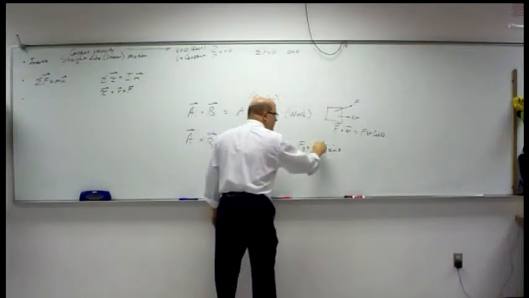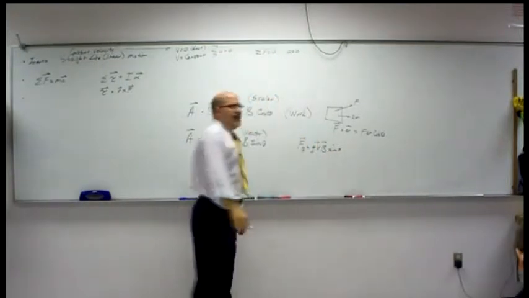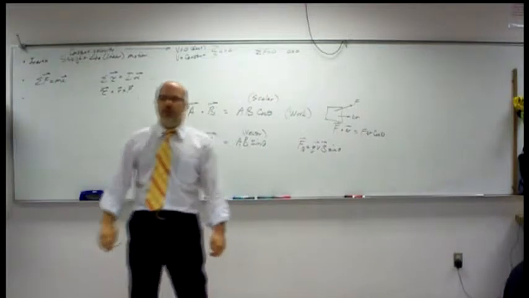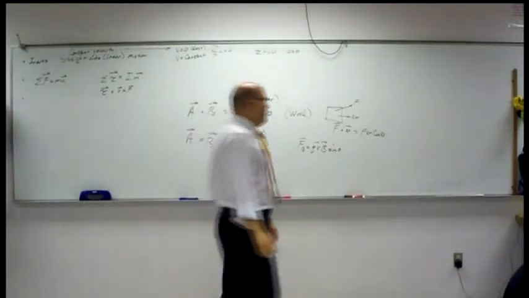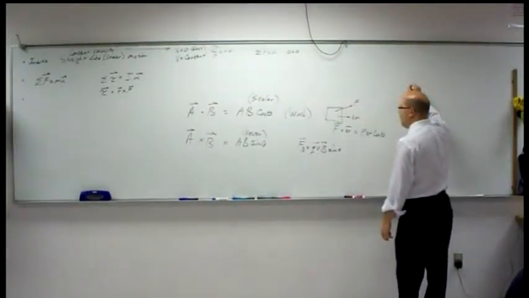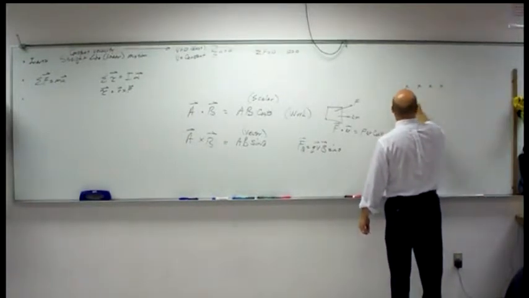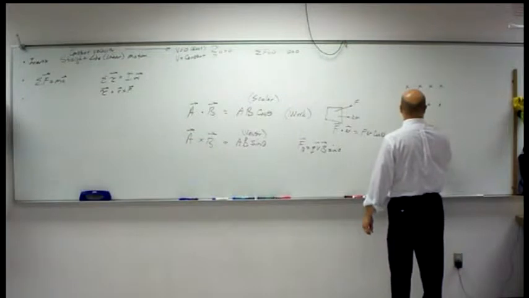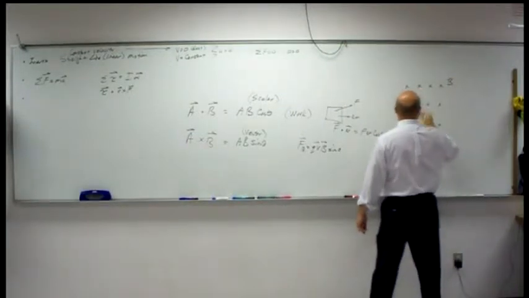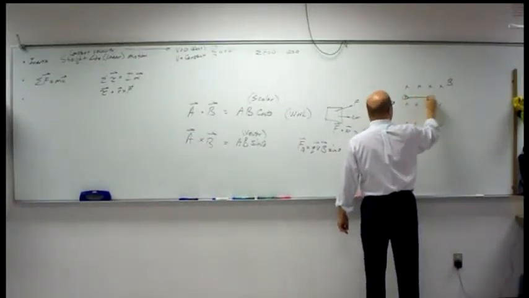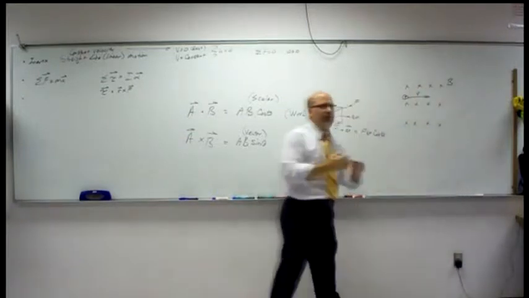Okay, now do you remember the direction of the force? Remember this craziness of you've got your B field doing this, and your proton moving that way. Which way's the force? Do you remember?